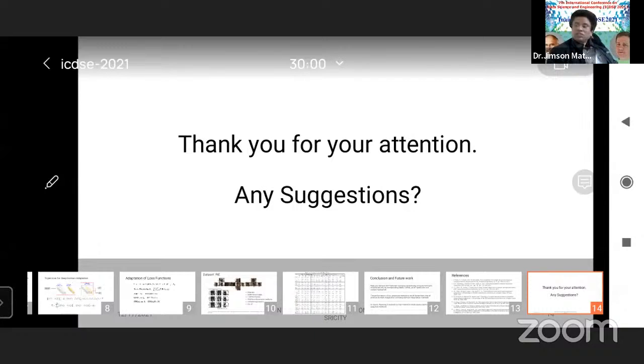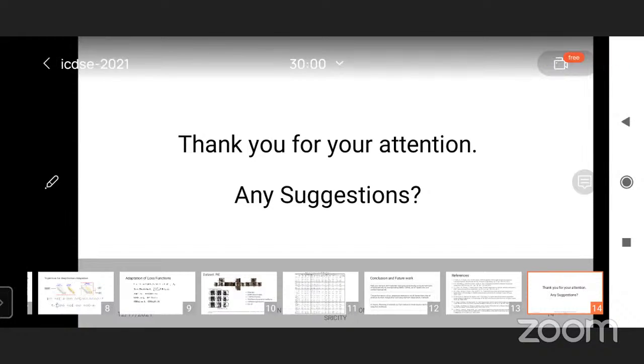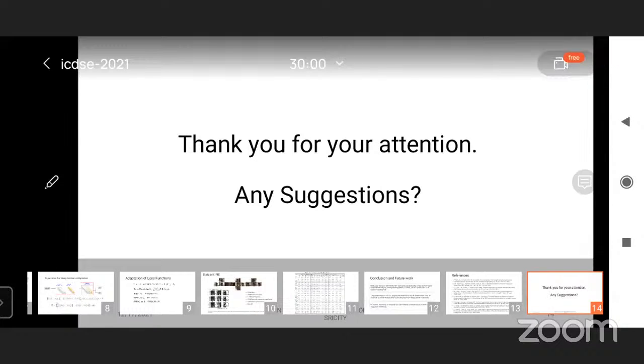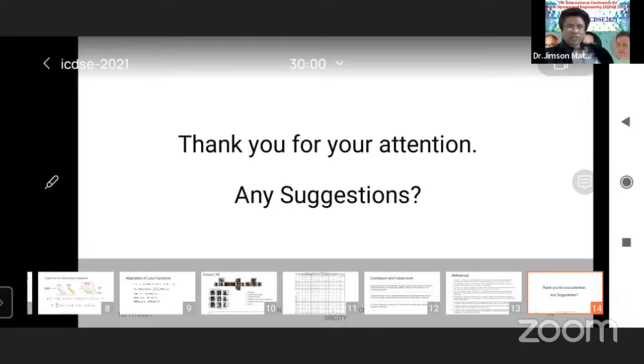So the 1024 features, how are you going to reduce them? What is the reduced dimension before applying the classifier? I'm asking.